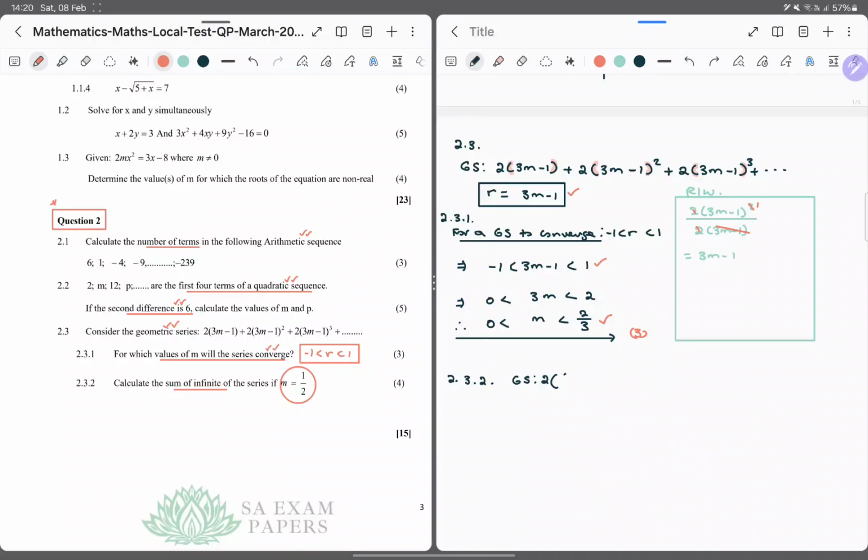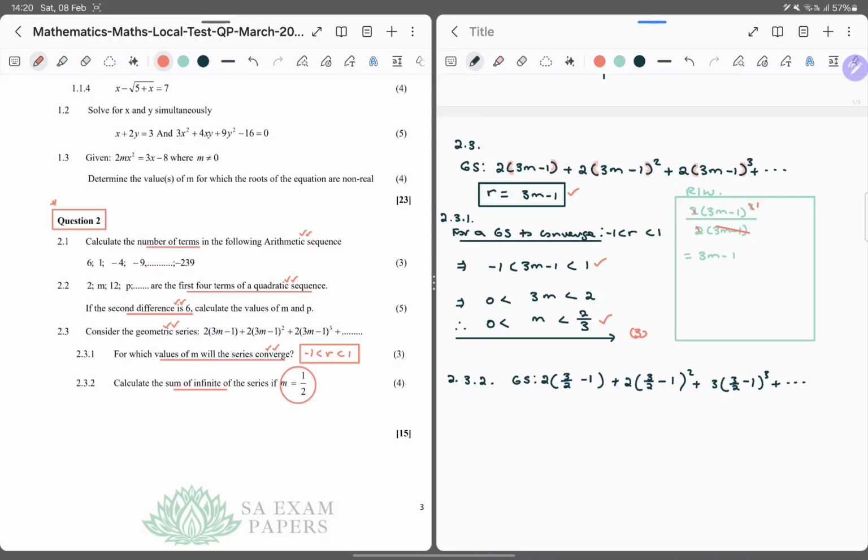Now when we multiply half here, minus 1, okay, so plus 2 into 3 over 2 minus 1 squared, plus 3 into 3 over 2 minus 1 cubed. And the sequence continues, the series continues.